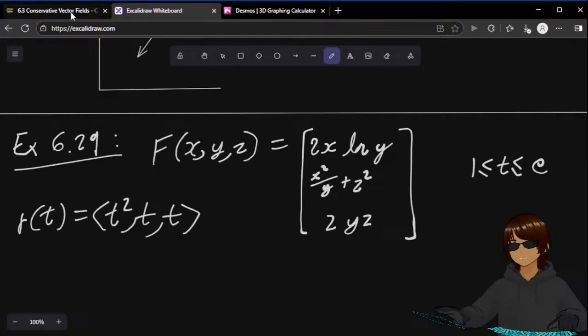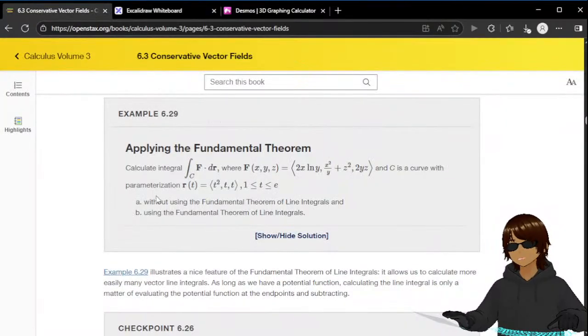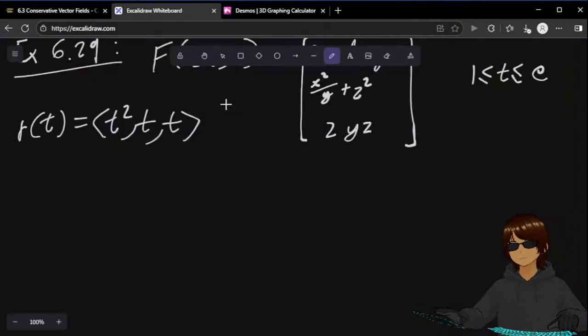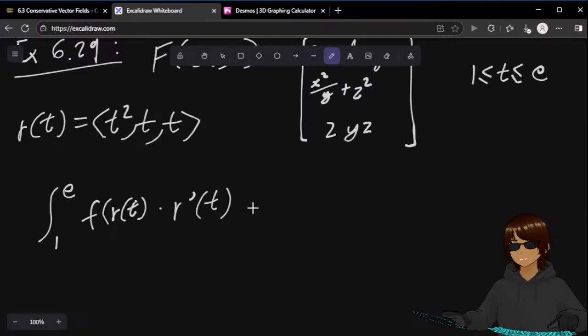So what are we trying to find? Without using the fundamental theorem of line integrals, and then using it. So they want us to integrate from 1 to e F dot r'(t) dt.